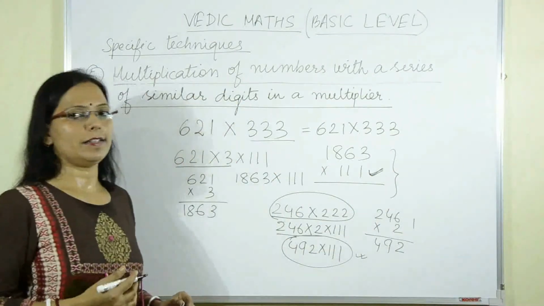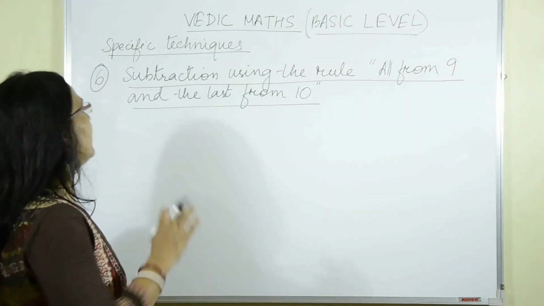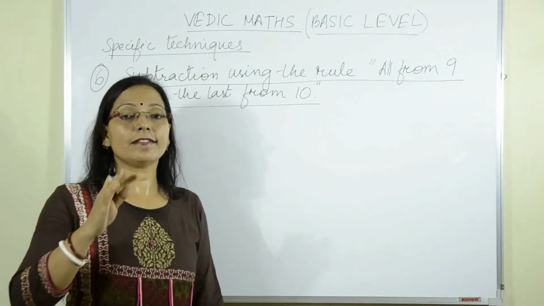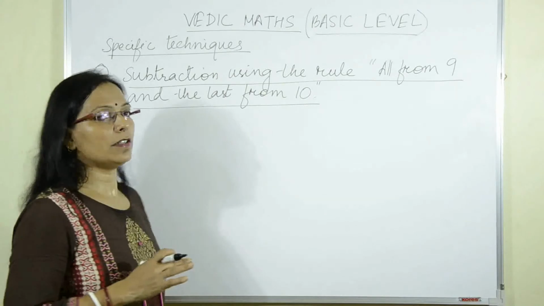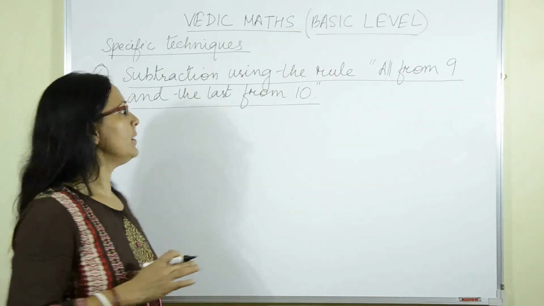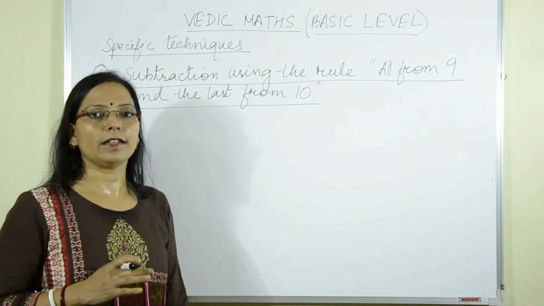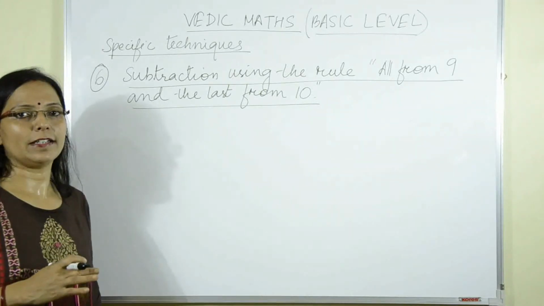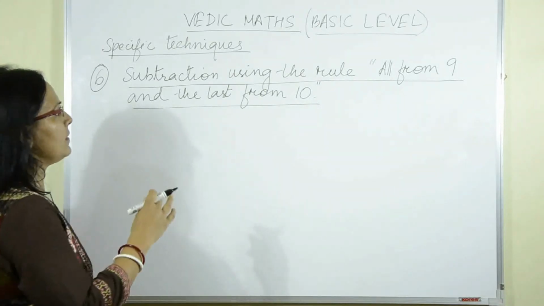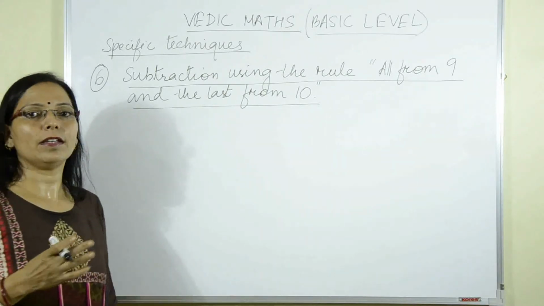We come to the last specific technique, that is subtraction using the rule all from 9 and the last from 10. Now this is the last of the specific techniques and we will get to know what it is. Now this again has a limitation.